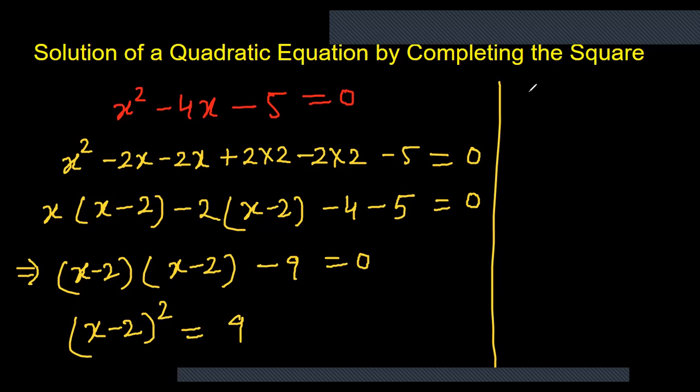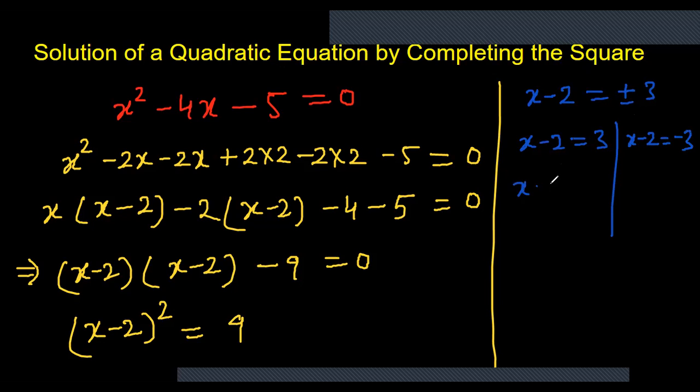We take the square root on both sides, and we get x minus 2 is equal to plus minus the square root of 9. Square root of 9 means plus minus 3. So that will give us x minus 2 equal to 3, or x minus 2 equal to minus 3.